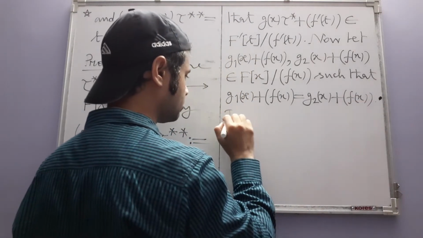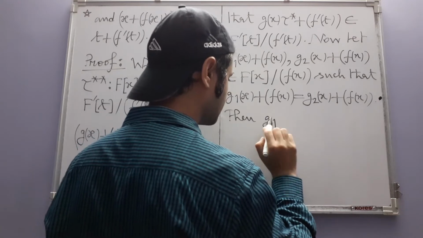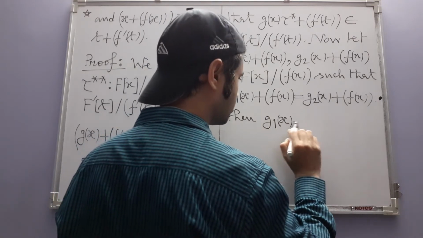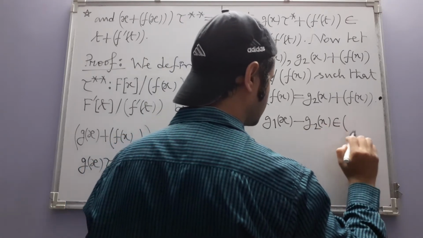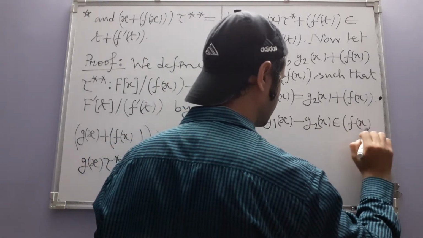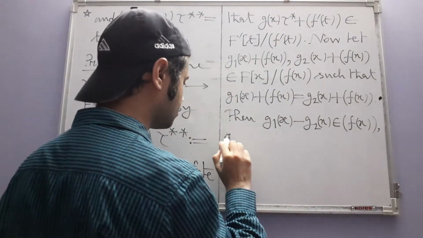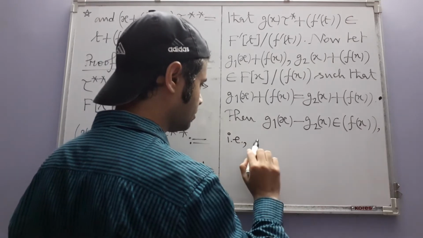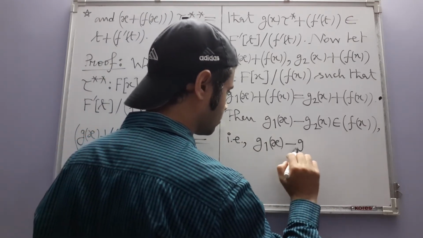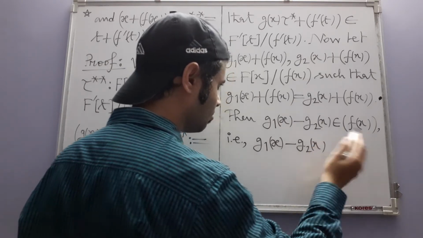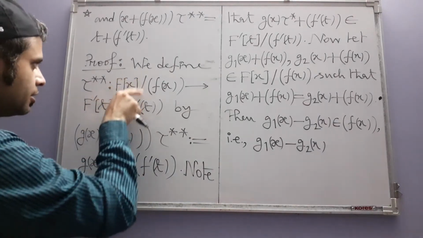Okay, so we now have this. Then by the definition of equality, it simply means that this difference belongs to the principal ideal generated by f(x), which in turn means what? It means that this is a multiple of the polynomial f(x) in the polynomial ring F[x].